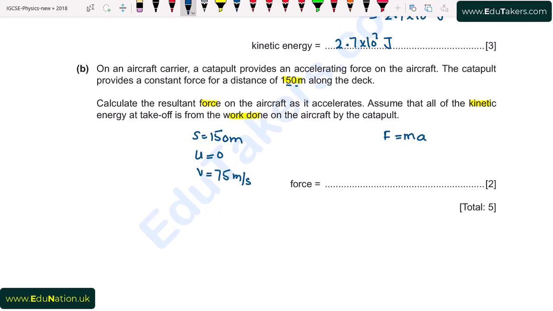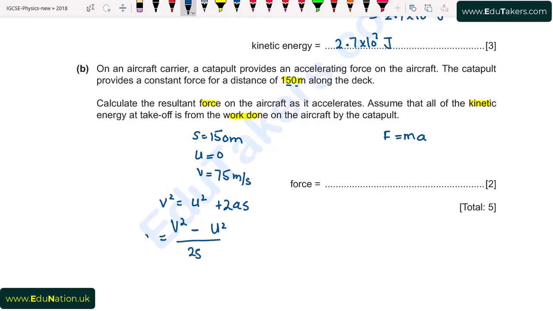So using v² = u² + 2as, this is the third equation of motion. From here we have to find the value of acceleration. So acceleration a will be equal to (v² − u²) over 2s.